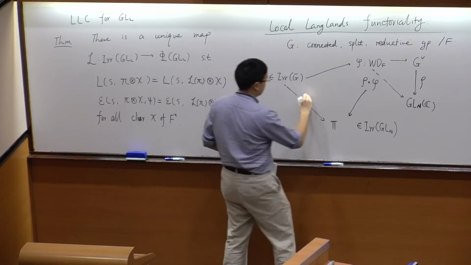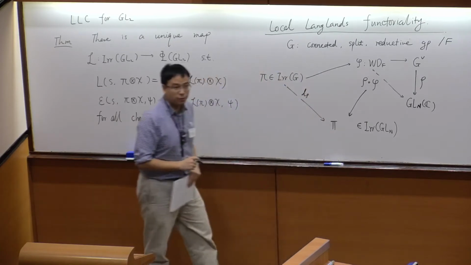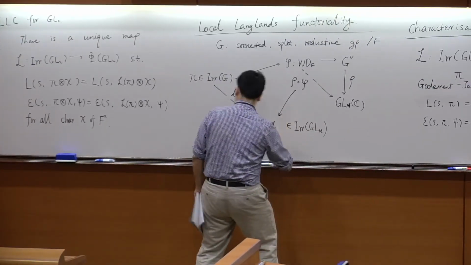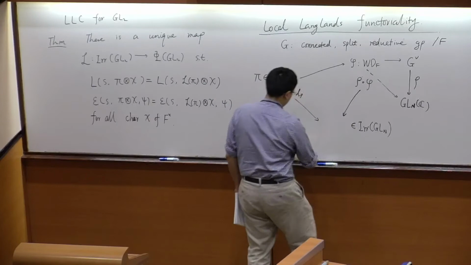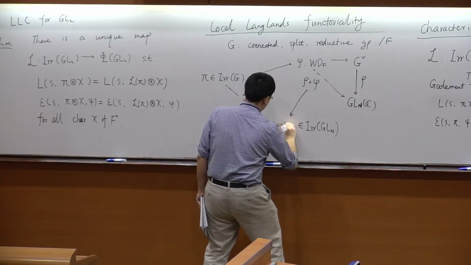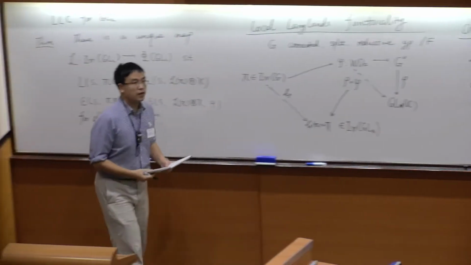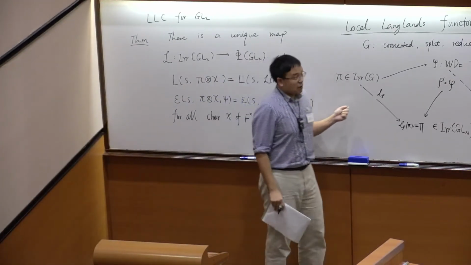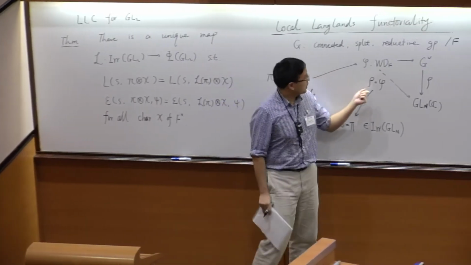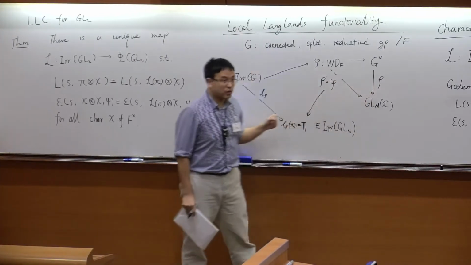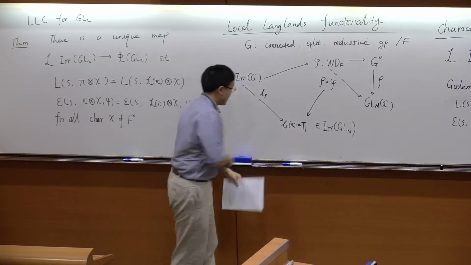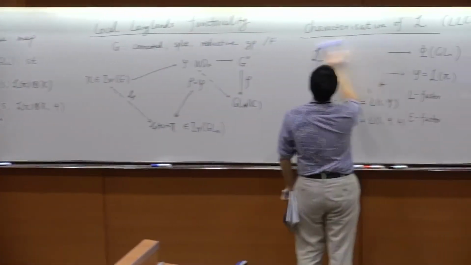Let's denote this lift by L_ρ, which depends on ρ. So this is π. Based on the definition, it is easy to see that the gamma factor we defined for this π associated to this ρ is equal to the gamma factor we have for this representation of GL_N. By that, I mean the following.